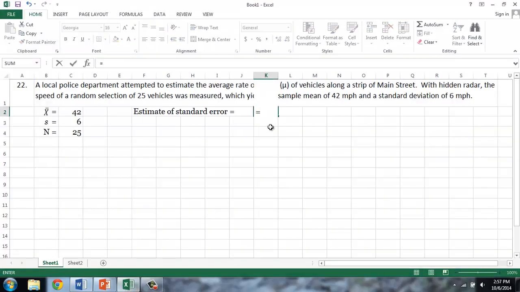In this case, that is equal to 6, our sample standard deviation, divided by the square root, which in Excel can be determined using the sqrt function, of n, or 25, minus 1. In this example, our estimate of the standard error is 1.22.